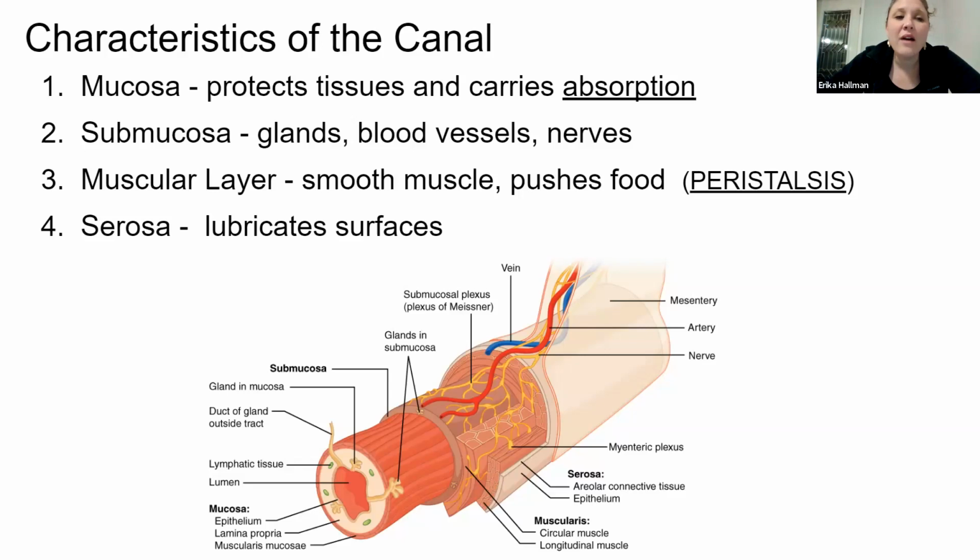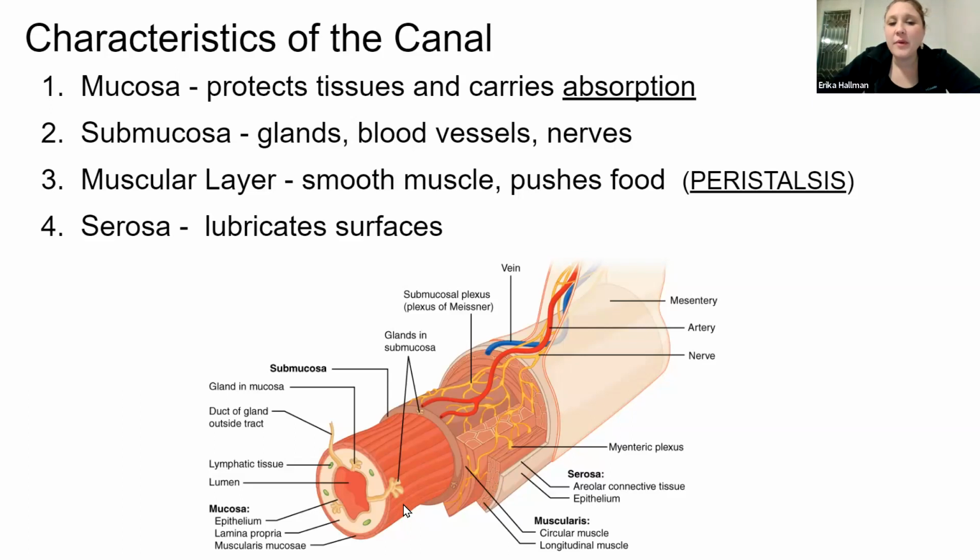If we move outside one layer, the submucosa is going to contain glands and blood vessels and a lot of nerves that control the function and the movement and the contraction of that alimentary canal. So mucosa is this layer in the center. The submucosa would be just outside of that layer, containing the blood vessels and the nerves.